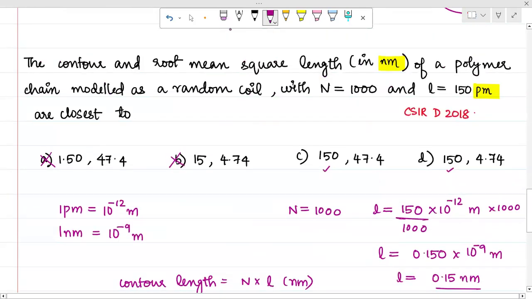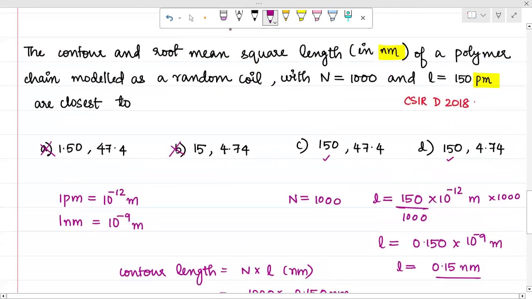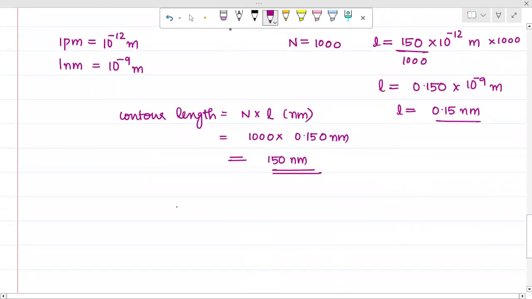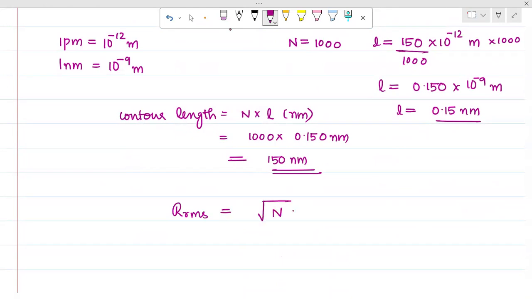Now, what is the next thing that they want? Root mean square length. Root mean square length is also very easy. All you have to do is root of N into L in nanometers. You already know N is 1000, given in the question. L is converted to nanometers, 0.150 nanometers. Now let's check what root 1000 is.